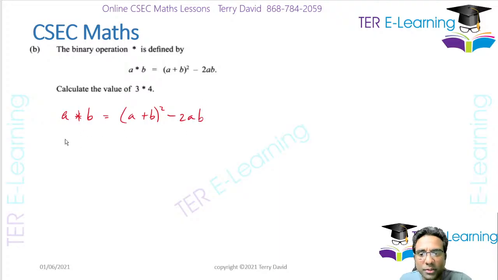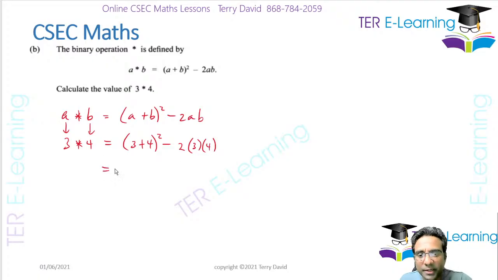So you want to work out 3 star 4. So 3 star 4, that means that A is 3 and B is 4, right? That's what that means for us. So A plus B. So this is going to be 3 plus 4 squared minus 2 multiplied by A, which is 3, multiplied by 4.